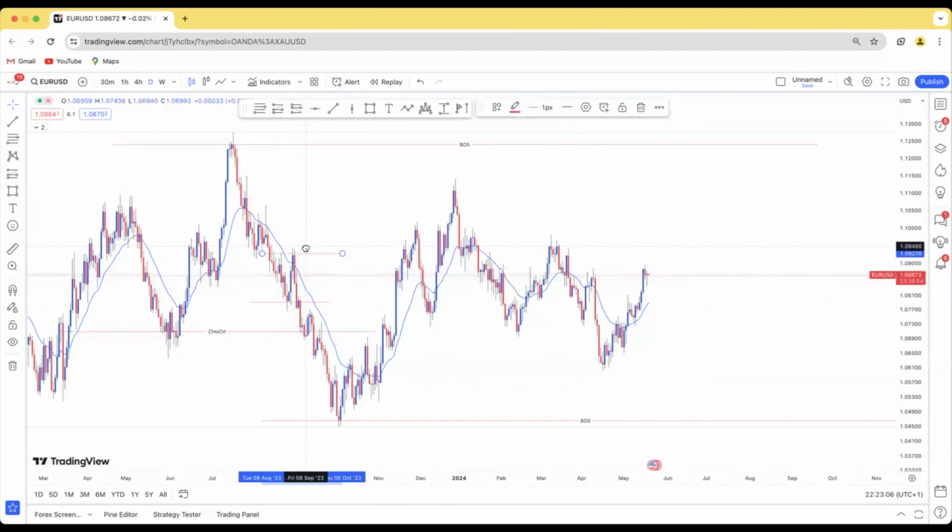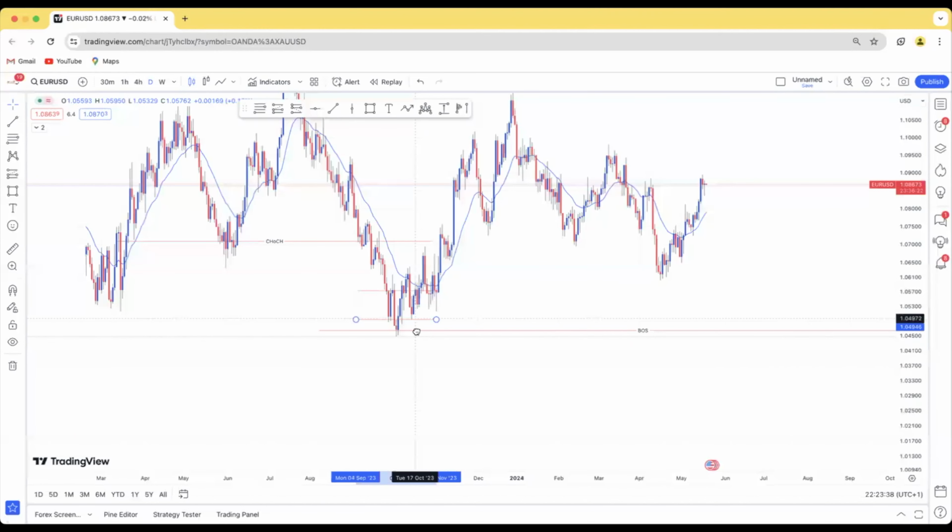From this point we started having breaks of structure: down to this level, then from this level down to this level, and again down to this level, and from this level down to this low here.